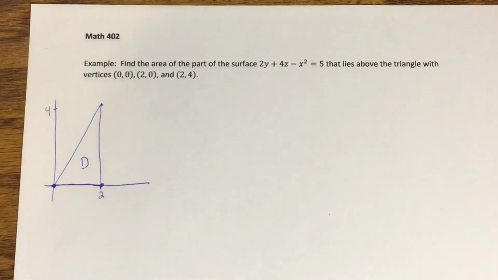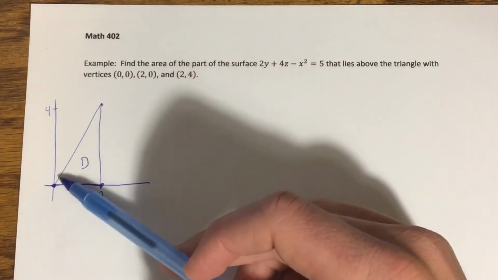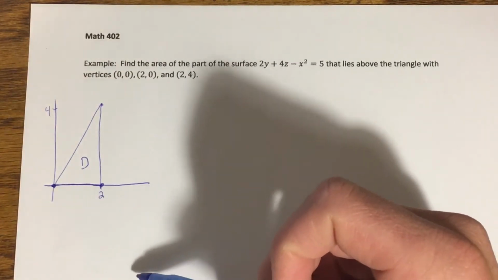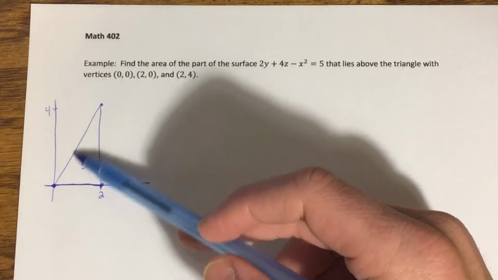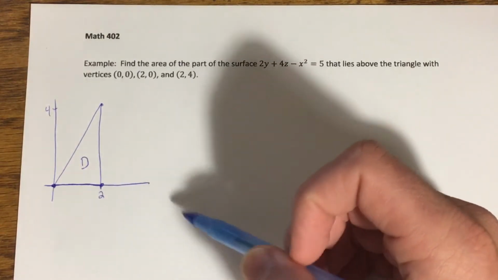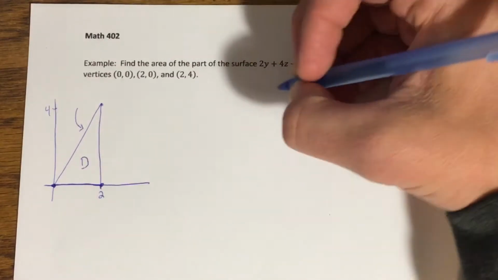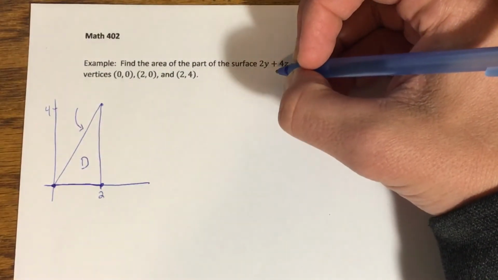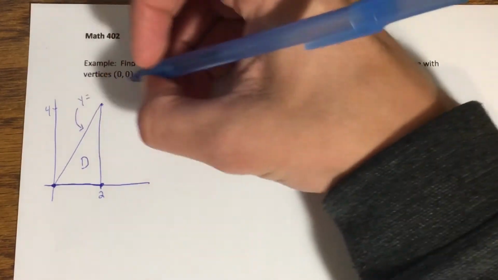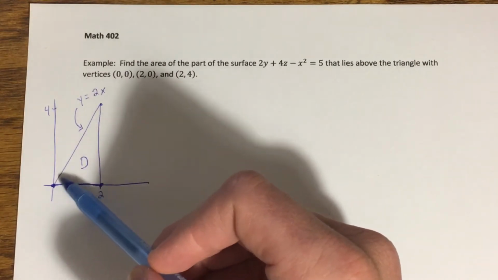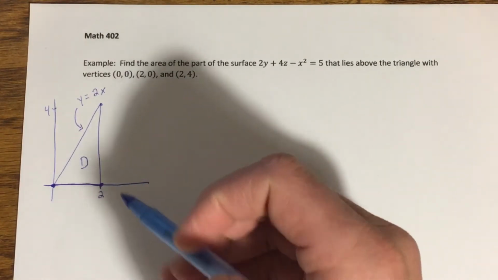region. So what I want to do is come up with a way of describing this region as a set, either as a type 1 or a type 2 region. This is a very straightforward type 1 region. My function giving me the graph on top of this type 1 region would be y equals 2x, easy enough to find using the point slope form of the equation of a line using these 2 points right here.